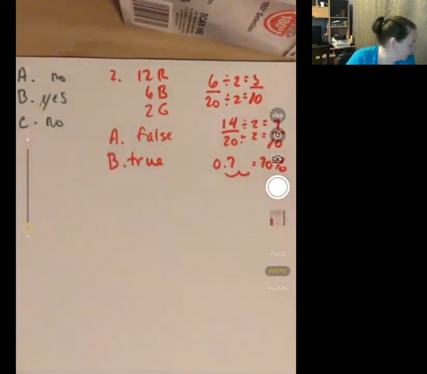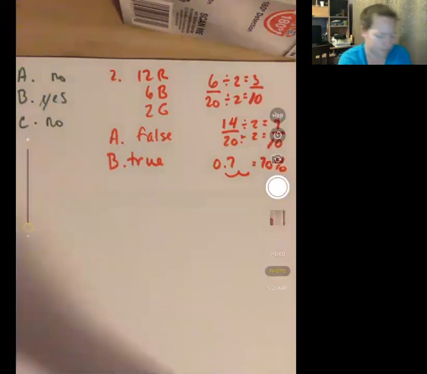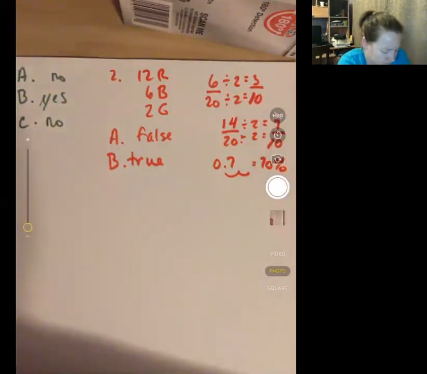And C, if you choose and replace a marble 30 times, you can expect 3 of the marbles to be green. Okay. Well, let's look. That's a kind of weird question.